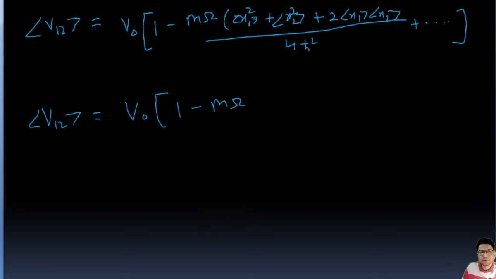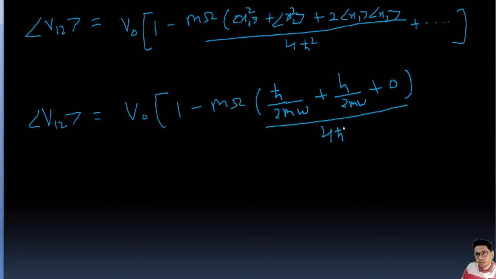So we'll put the value here, so it is going to be m omega, and this value is going to be h cut upon 2m omega, okay, plus this value is also going to be h cut upon 2m omega, okay, and this value is going to be 0 upon 4 h cut square, okay, plus so on.